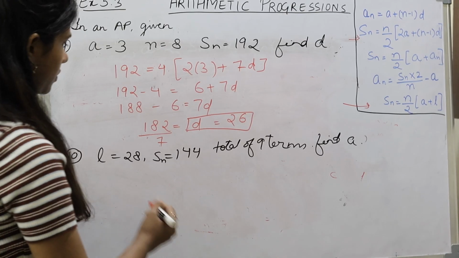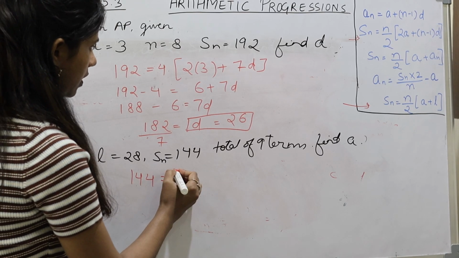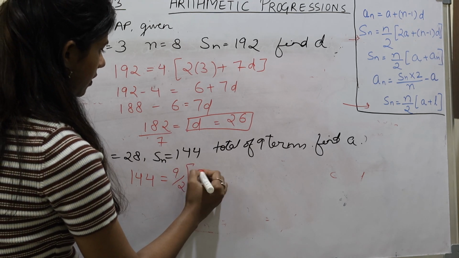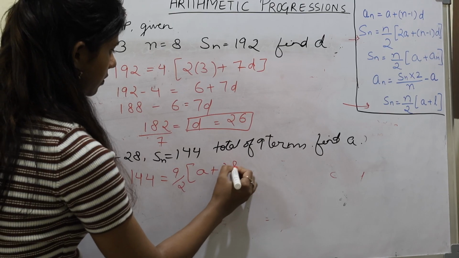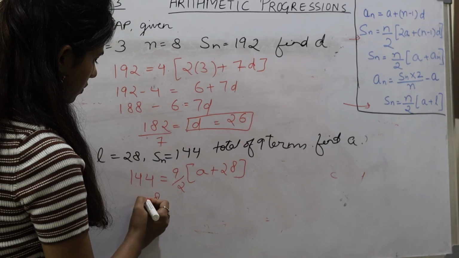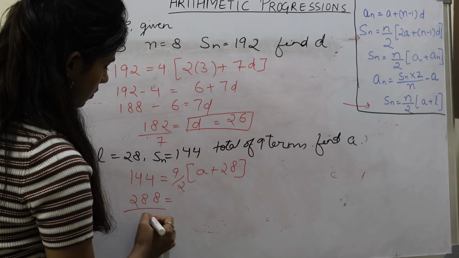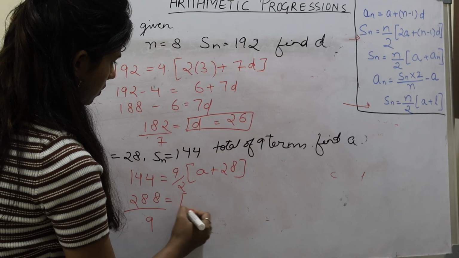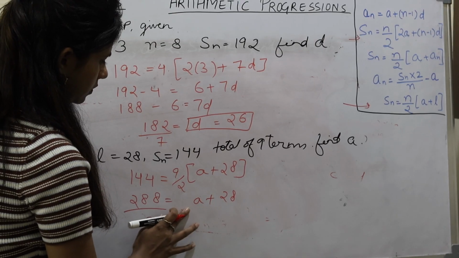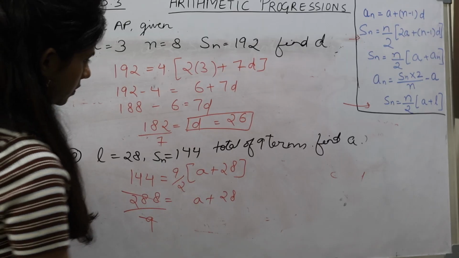Okay, so 144 equal to 9 by 2 into A plus 28. Alright, now A plus 28. We can write this. Let's see if this is divisible.